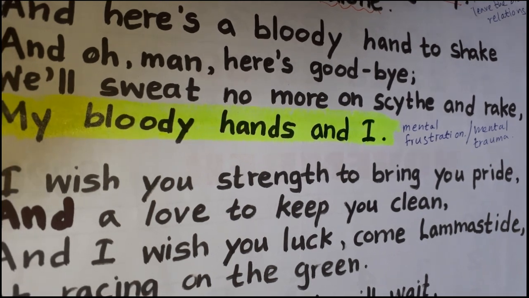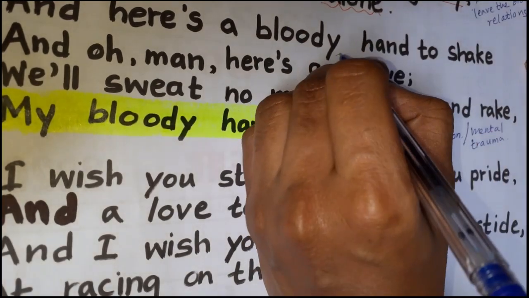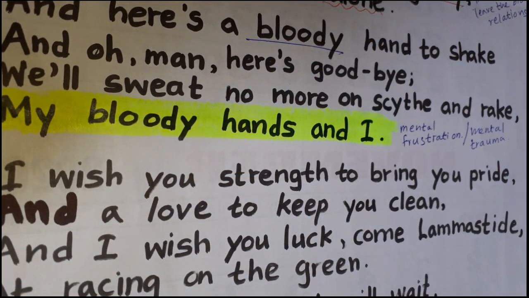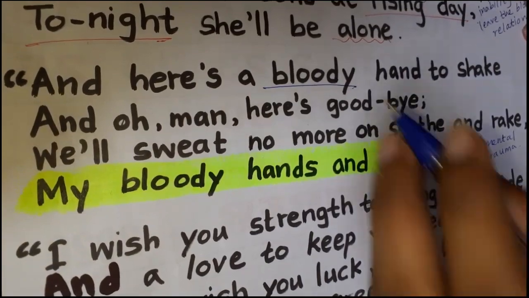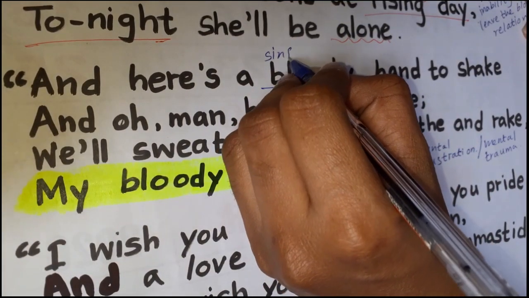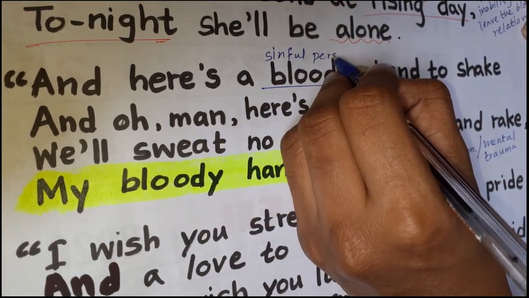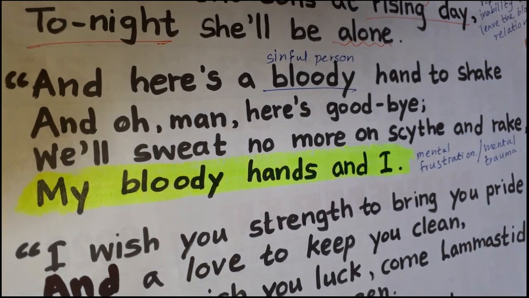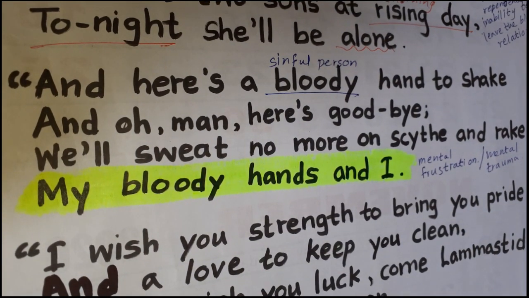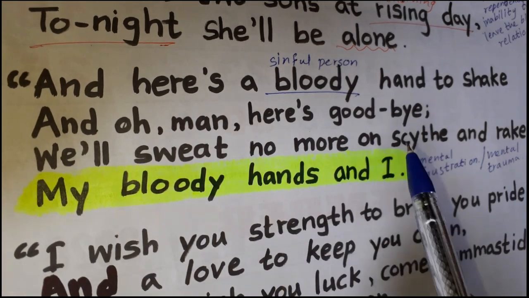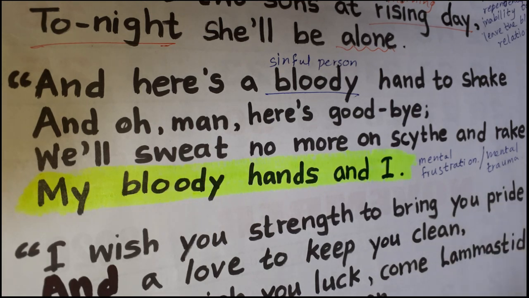So he says his hands got bloody actually after the murder. Now he is a person who has done a sinful act, the narrator. Before that he had clean hands. At the same time it suggests that before this incident he had clean hands, but now he has dirty or bloody hands, and it suggests that he used to be an innocent person.